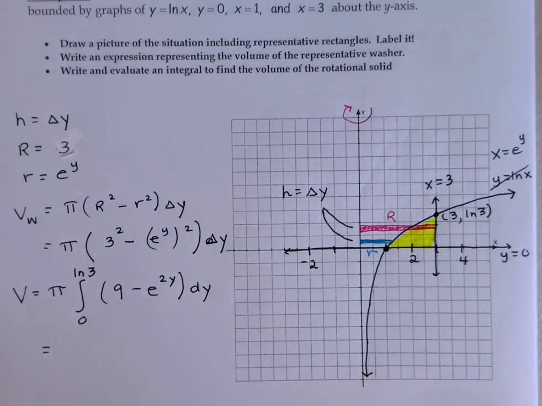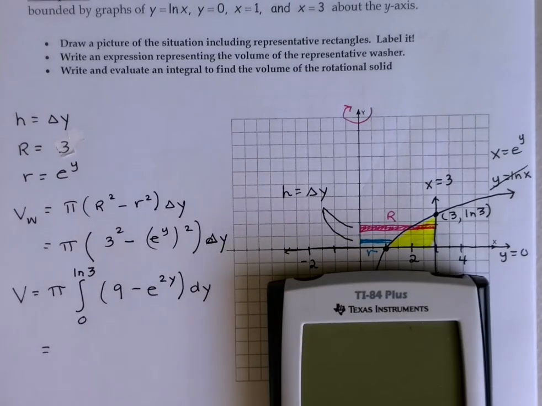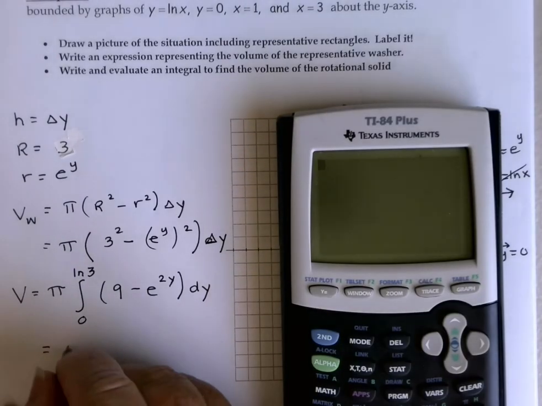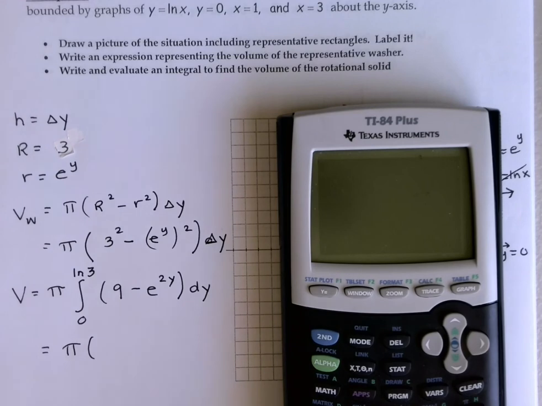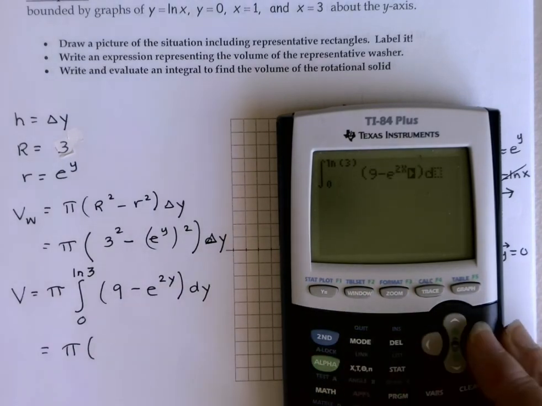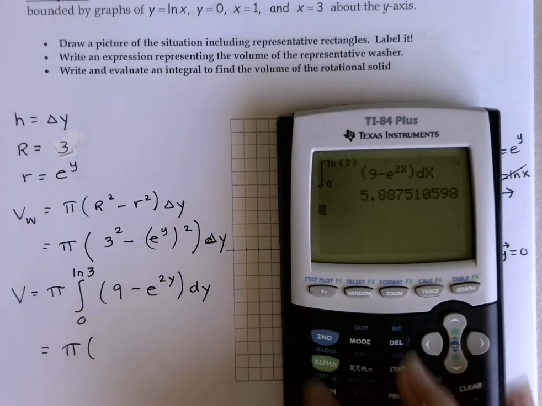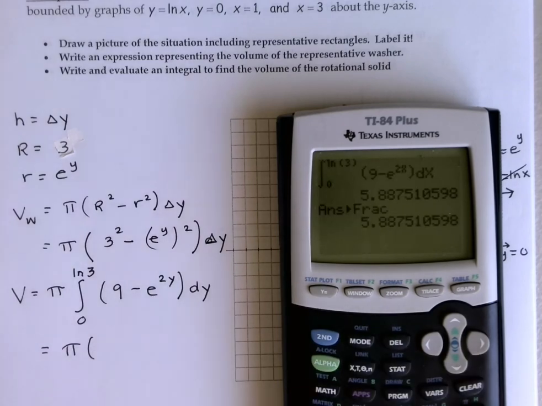This one, I just want to show you this on the calculator because this happens sometimes, but we haven't talked about it a ton. If I type this integral just that way into my calculator, I get something that if I try to change it to a fraction, it doesn't work.